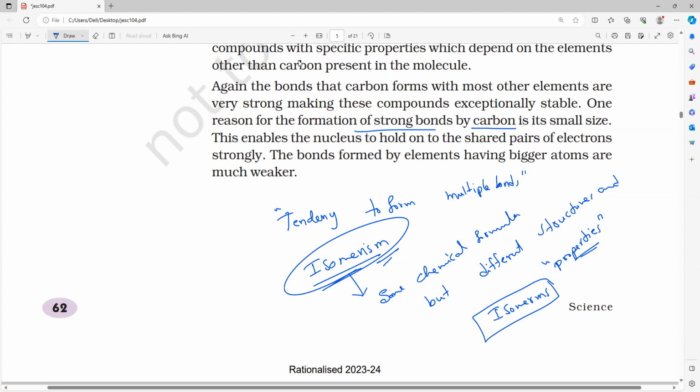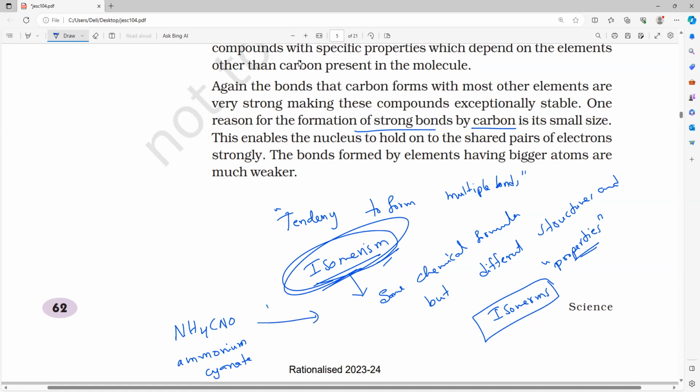So the best example for isomers: suppose you take NH4CNO, the compound called ammonium cyanate. You can find the total number of hydrogens, carbons and all.